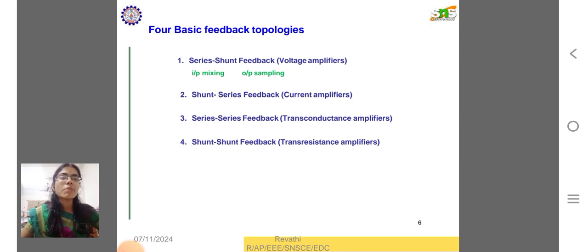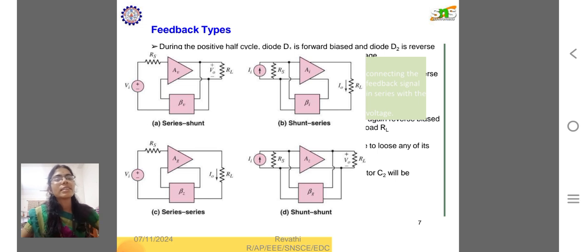The four basic feedback topologies, as already seen, are voltage amplifier, current amplifier, transconductance and transresistance.